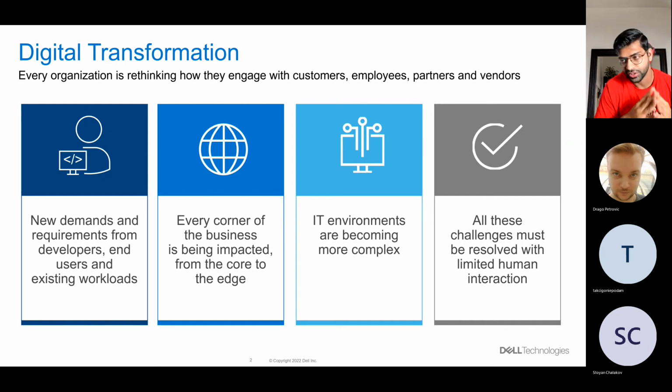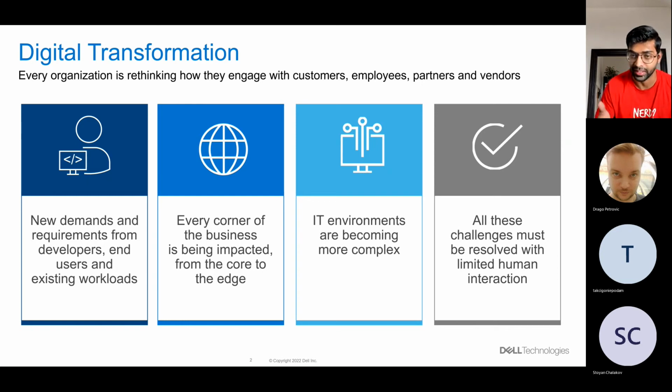And lastly, all these challenges must be met with limited human interaction. Why is that? Limited human interaction translates to a minimal potential for human errors, and it also drives up efficiency.